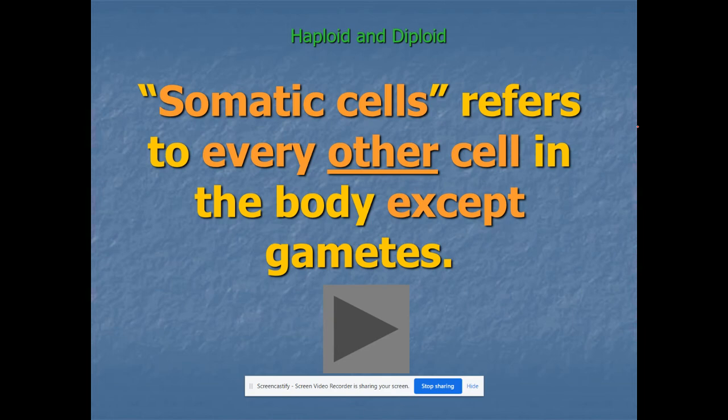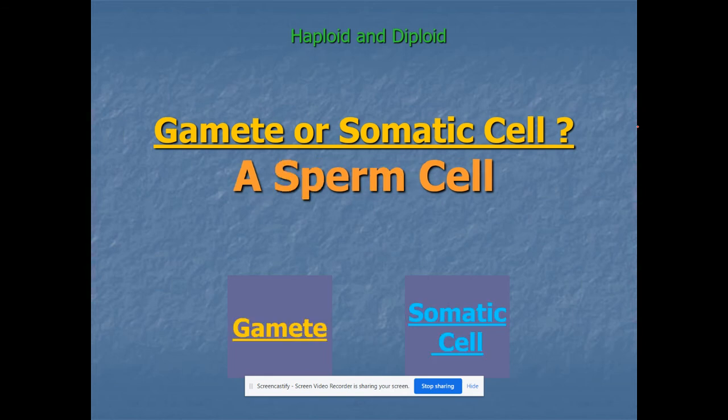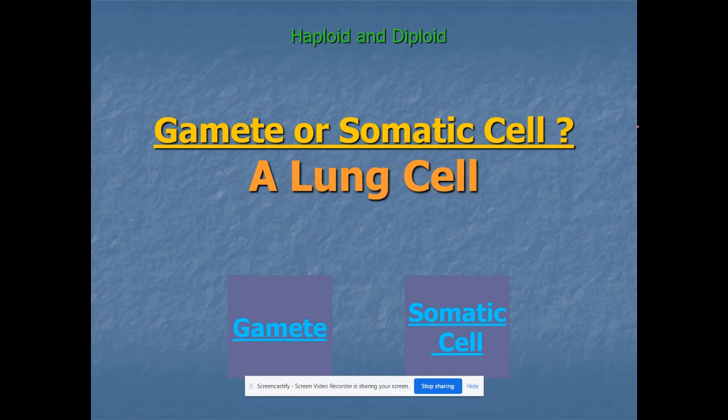Yes. Is a liver cell a gamete or somatic cell? Very good. What about a sperm cell, Amira? Yep, gamete. Brain cell, Caitlin. Good. Lung cell, Carney? No. Somatic cell.